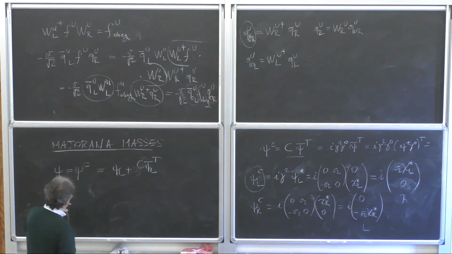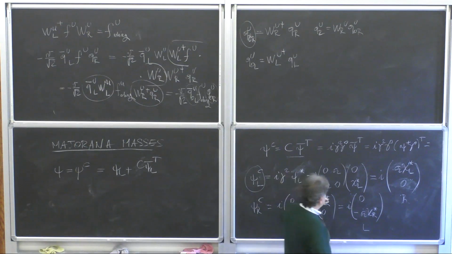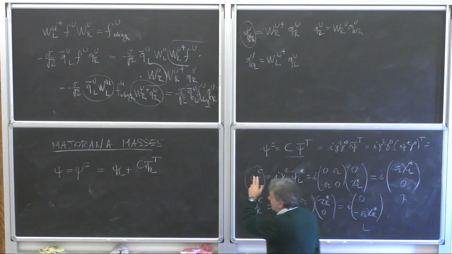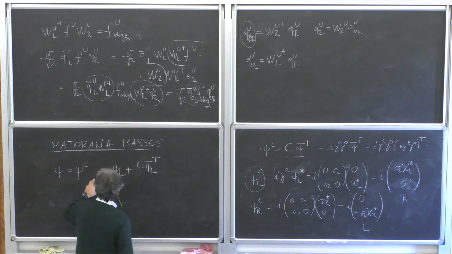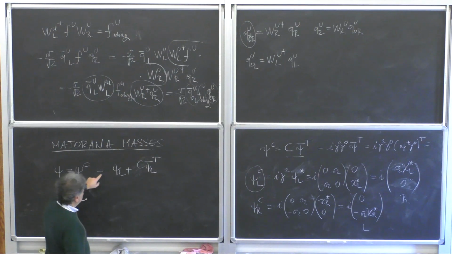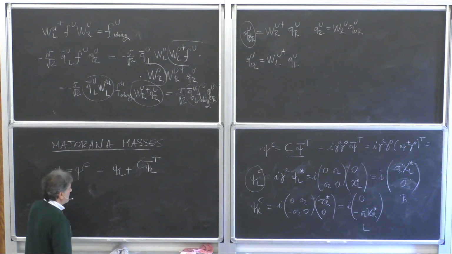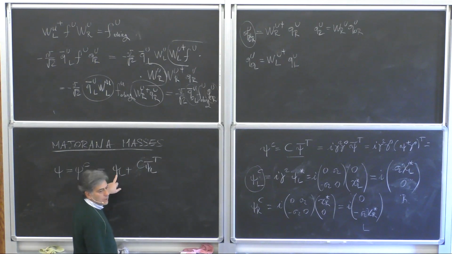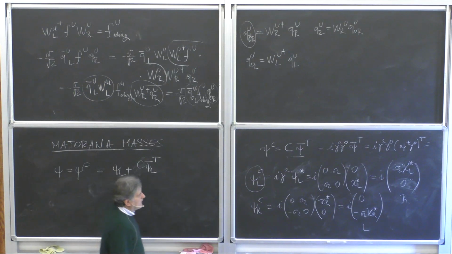This is a condition that eliminates two degrees of freedom. A spinor has four components, so two Weyl spinors, upper and lower, chi and phi. But this condition makes it possible to express the Majorana spinor in terms only of the left component, because when I take the charge conjugation, the first term gives the second one, and the second one gives the first one.